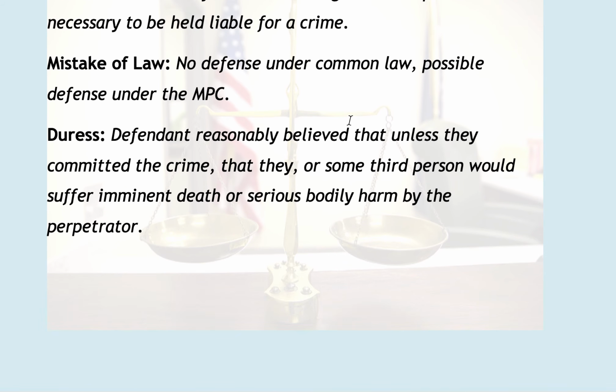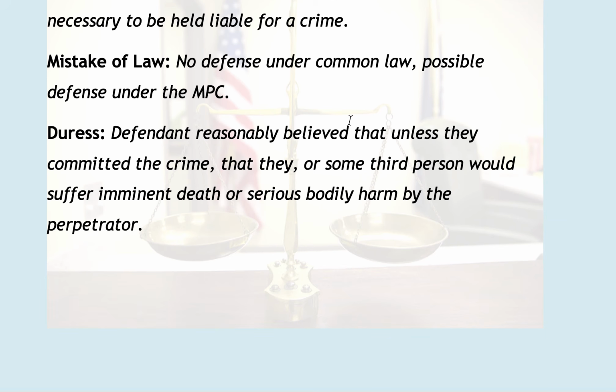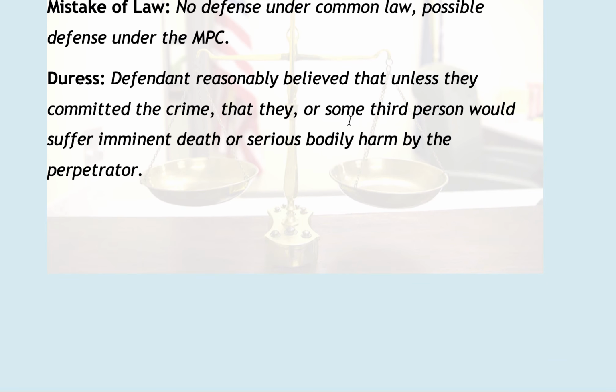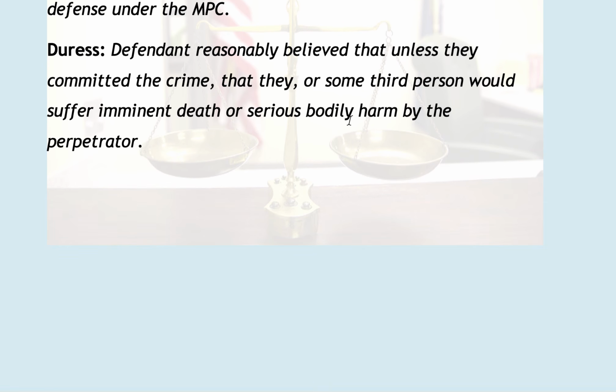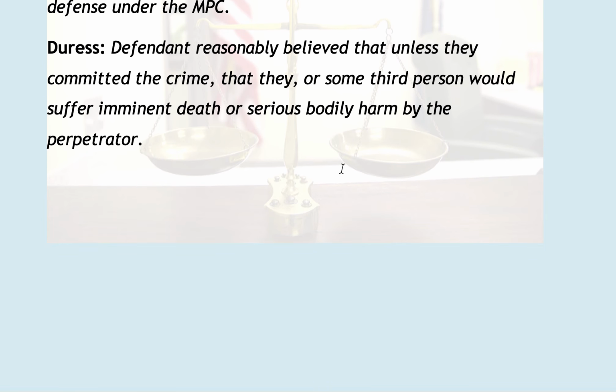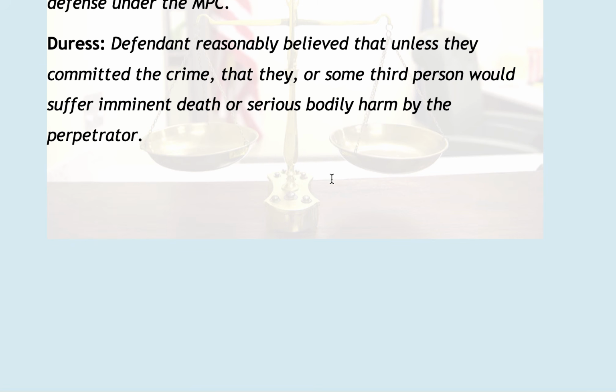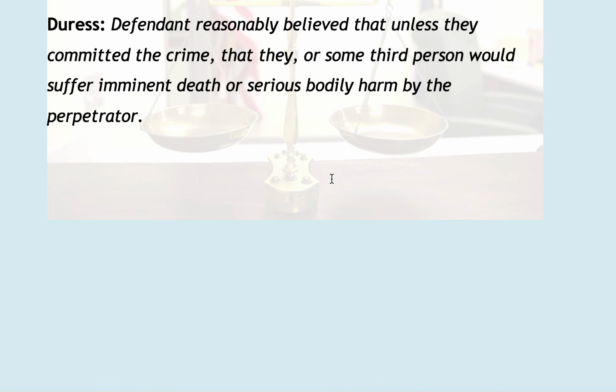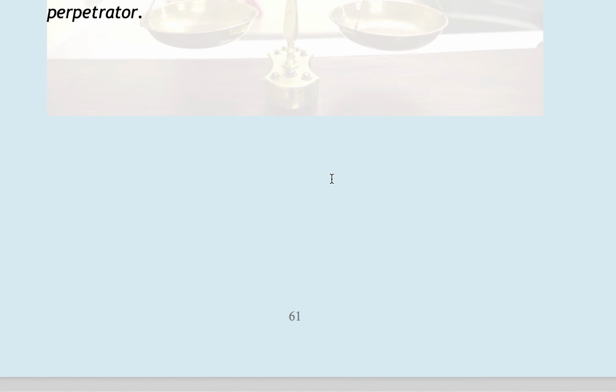Mistake of law: no defense under common law, possibly a defense under the MPC. Duress: defendant reasonably believed that unless they committed the crime, they or some third person would suffer imminent death or serious bodily harm by the perpetrator.